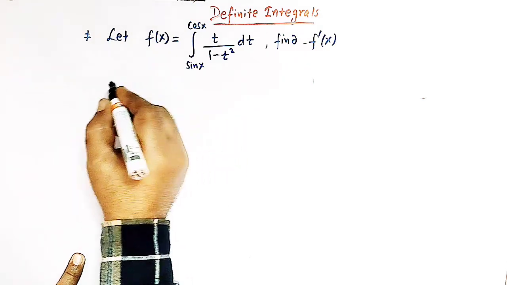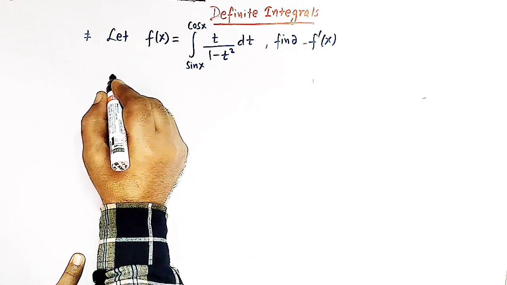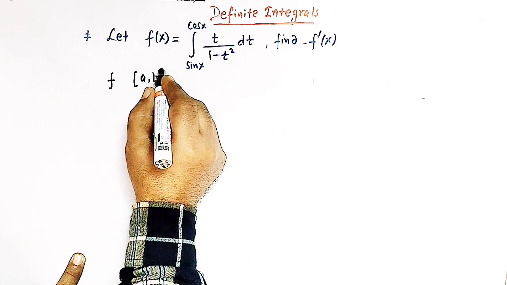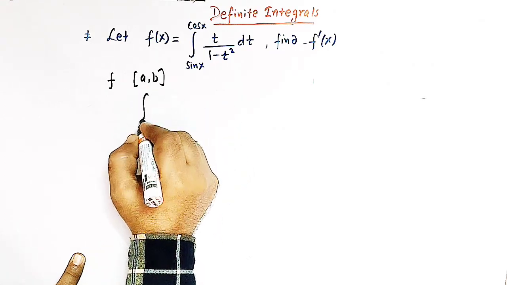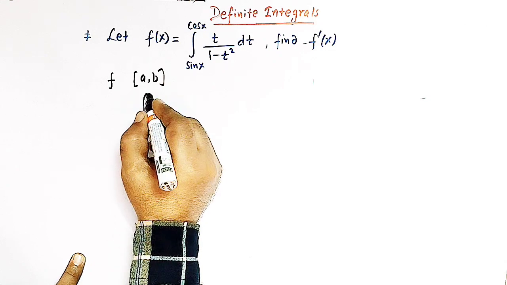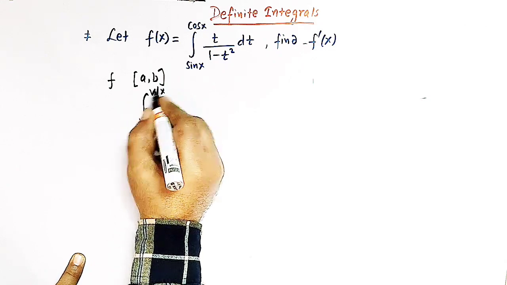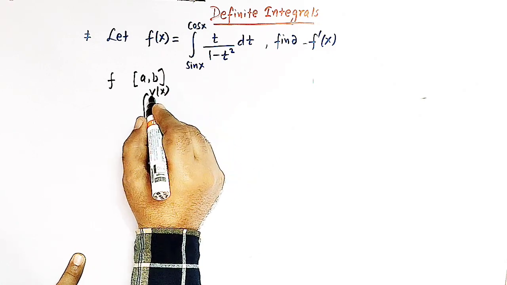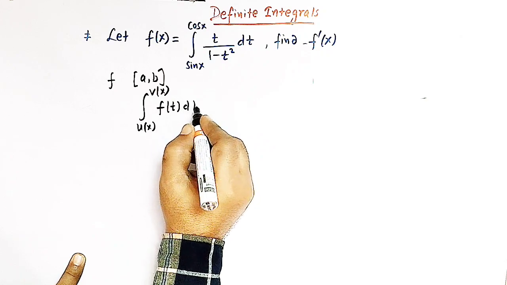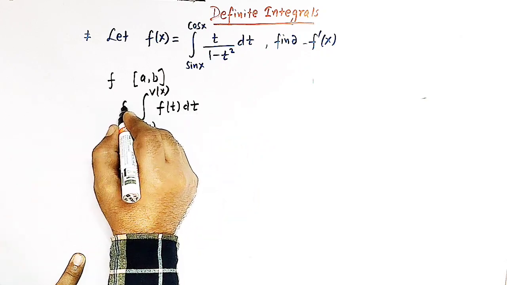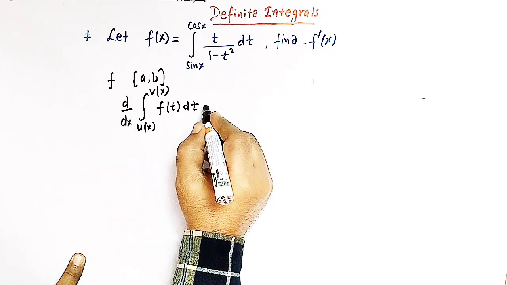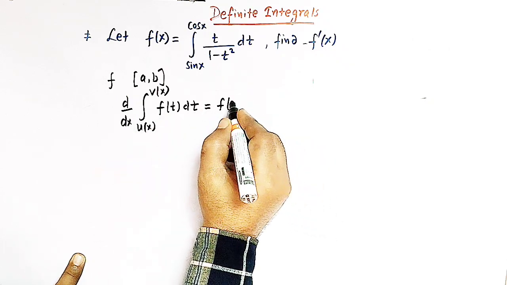That is, if we have a function say f which is continuous in some interval, that is [a, b], and if we have the lower limit as some function of x, that is u of x, and the upper limit is another function of x, that is v of x, and here we have a function say f of t dt, then the derivative of this integral with respect to x is given by f of v of x.